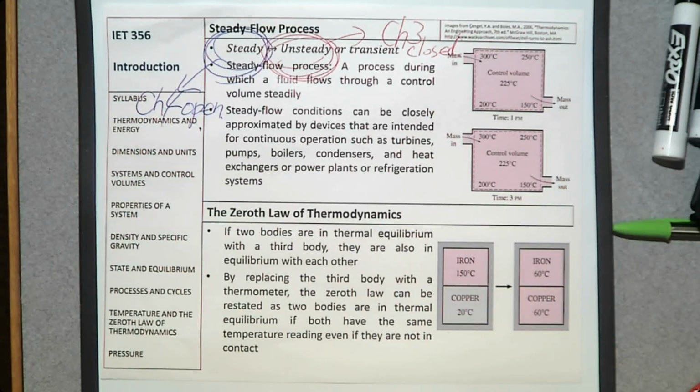The last one is the Zeroth law of thermodynamics. It's very simple. Even my 4-year-old son can understand that, so just read it. So that's everything except temperature and pressure. Any question before we discuss temperature and pressure? No? Okay.